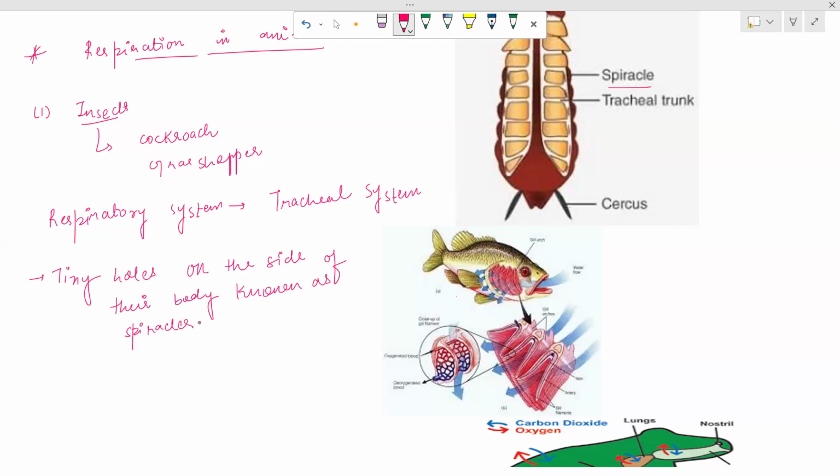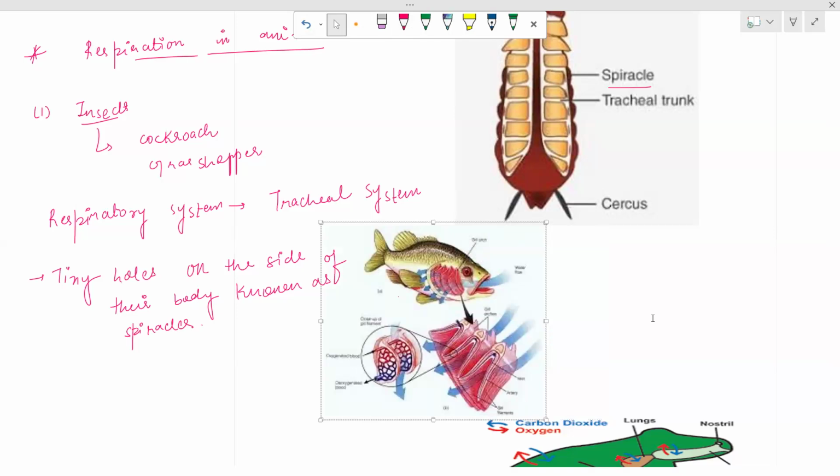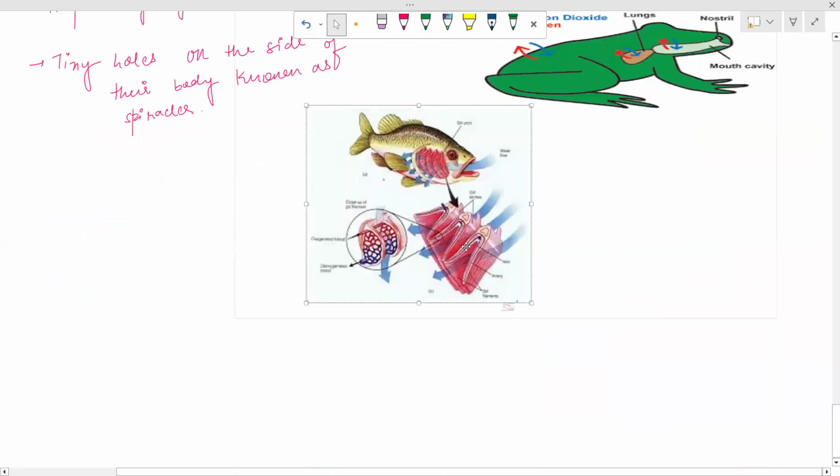And one more thing, these spiracles and tracheal tubes are only present in insects. This tracheal system is not present in any other animal. Understood? Are you getting it? Yes, ma'am.